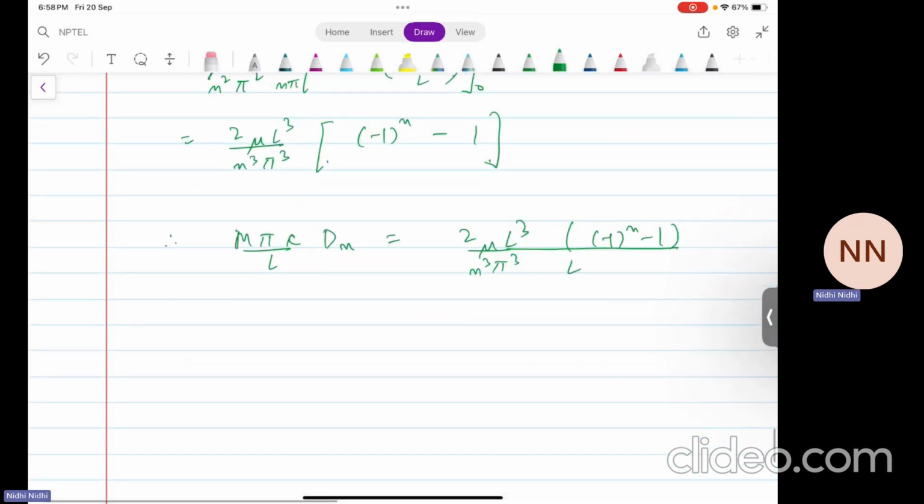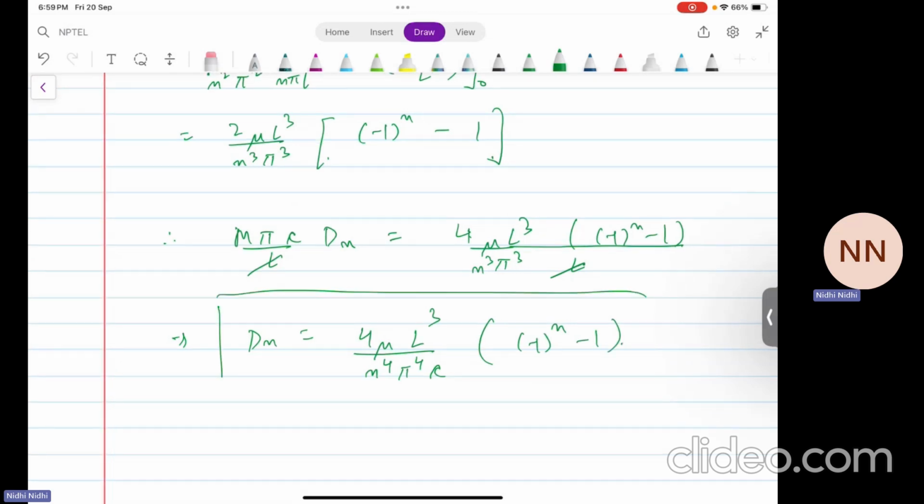This is L and this is 4. So this gives us dn is equal to 4 mu L power 4. This L gets cancelled out. So just L cube by n power 4 pi power 4 c, (minus 1 to the power n minus 1). I would recommend you to please go through these calculations again.